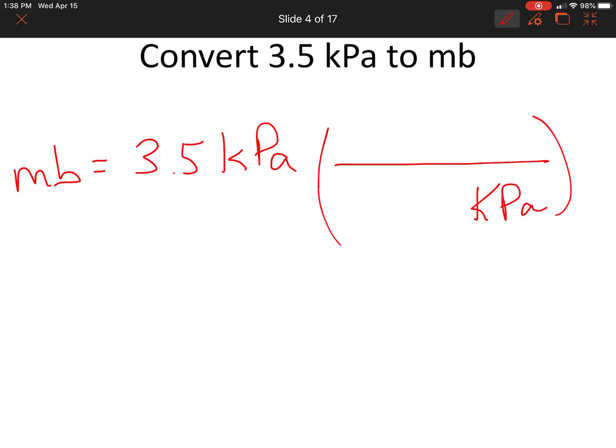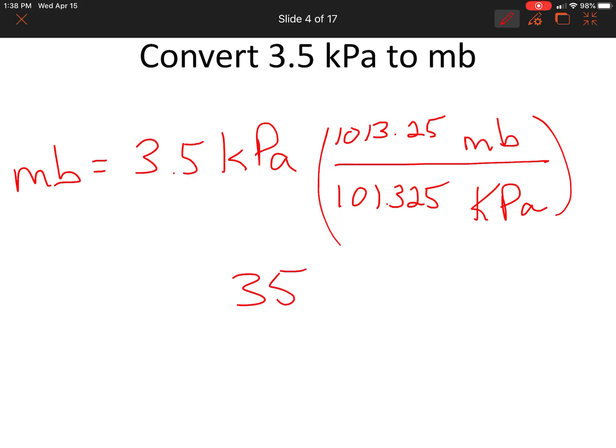So we've got kilopascals on the bottom, millibars on the top, and this is going to be 101.325, and here 1,013.25. So just a factor of 10 between them here. So your answer is going to be 35 millibars.